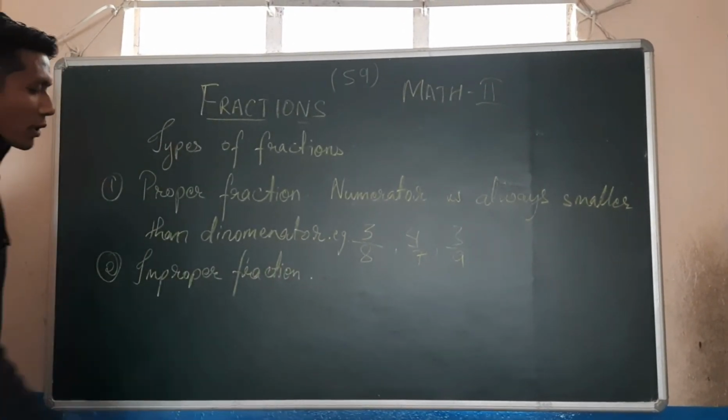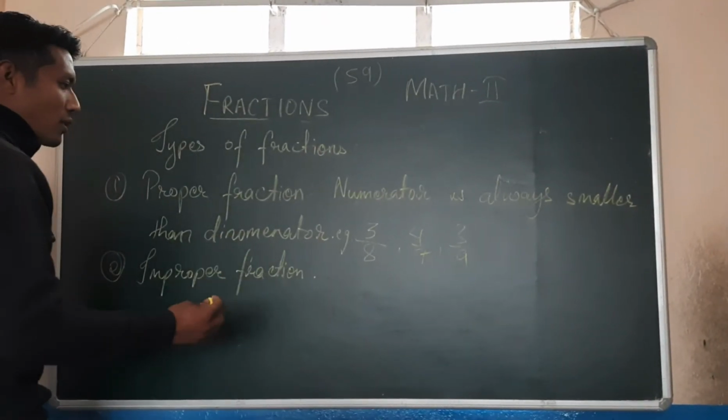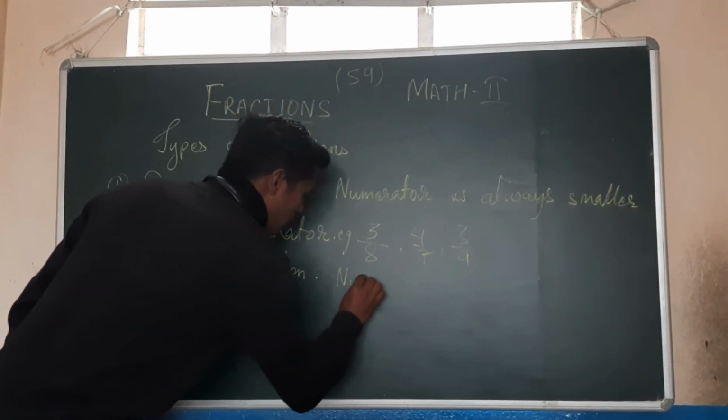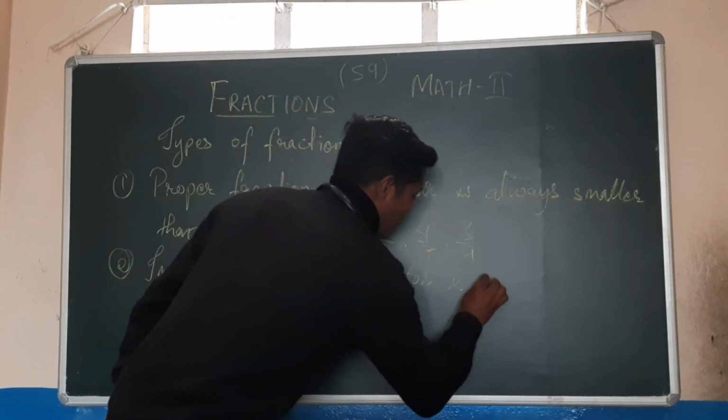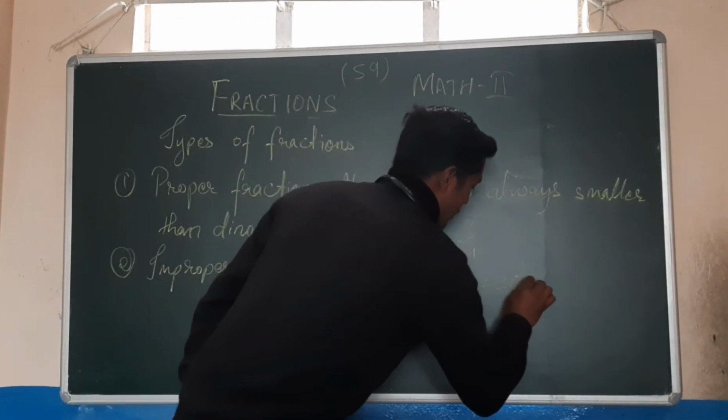What is an improper fraction? Improper fractions are those fractions in which the numerator is greater than the denominator.